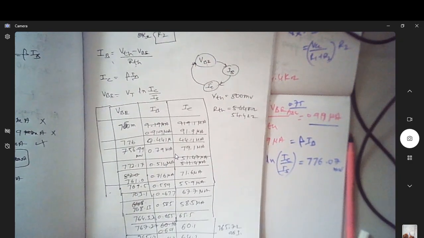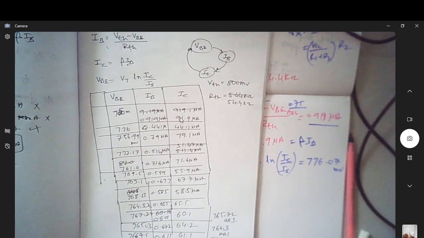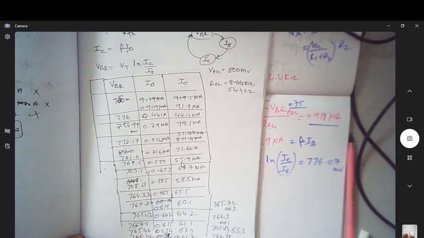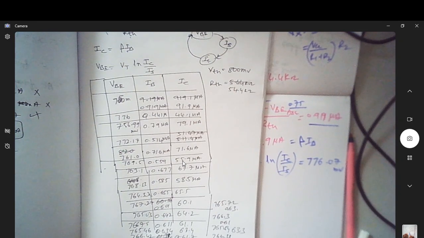If you just keep on doing this, can you see that the fluctuation is too much? Can you see it is from 91, going down to 41 micro, then 41 micro to 79 micro, then you can see it is 51, then it is 71, then you can see 55. Can you see from iteration to iteration, the separation keeps reducing.